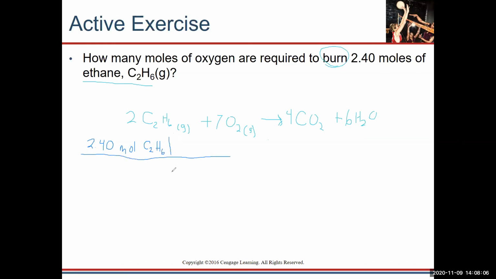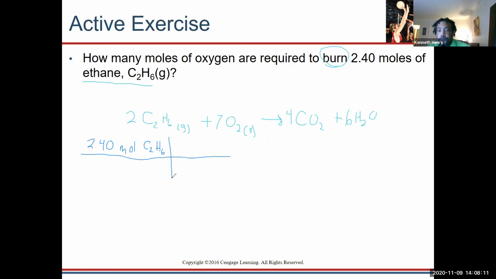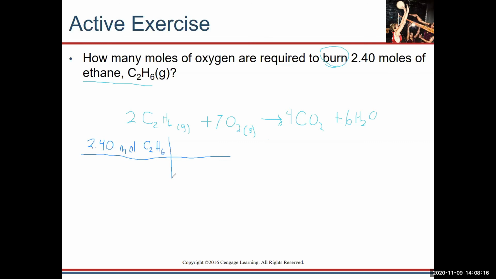But we want moles of oxygen. So we put 2 moles of C2H6 at the bottom. And then at the top, we put 7 moles of O2.